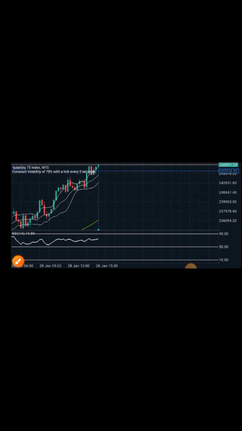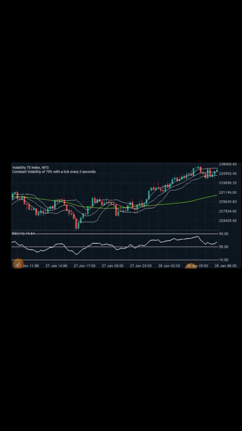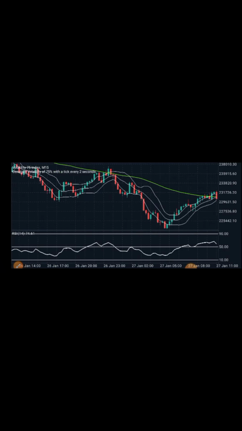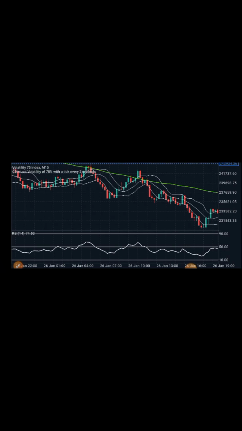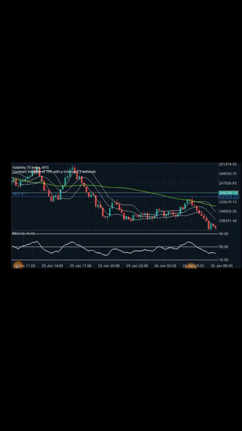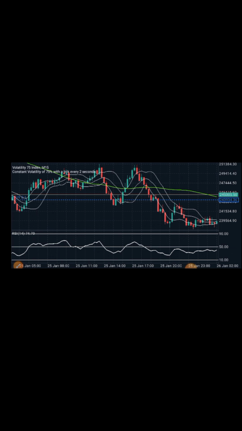It's very simple. This is a very simple strategy that you can use to trade any account. If you have a $5 account, this strategy can work for you. As you can see, the trade I entered there, I entered it because Volatility 75 is buying. When I went to my 1 hour time frame, I checked it, it was buying.